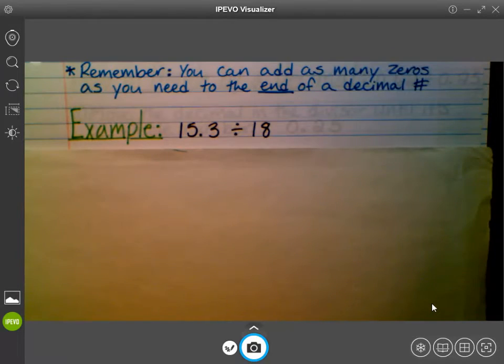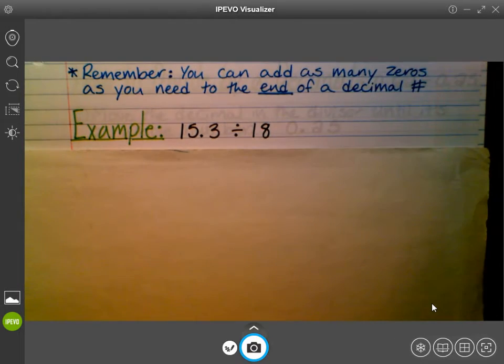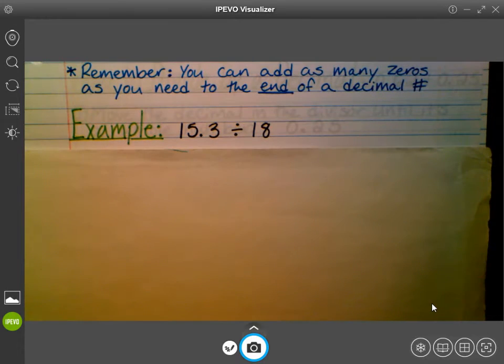Yep, that's an 18. 15.3 divided by 18. Then you guys can see it easier.